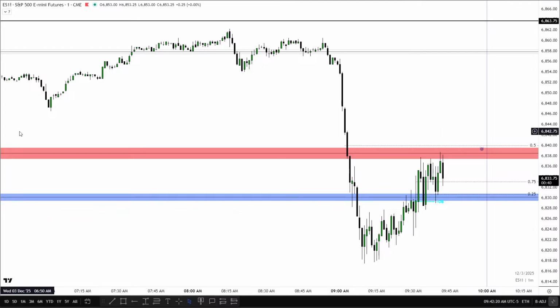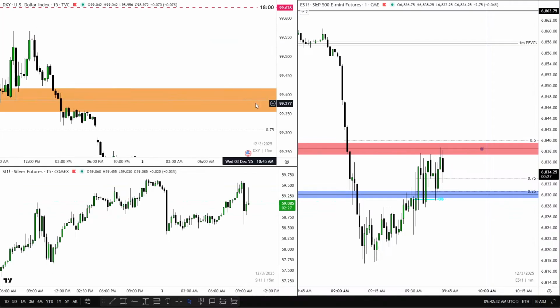I'm going to check silver on the side. No, I'm not going to check silver on the side. Check it here.